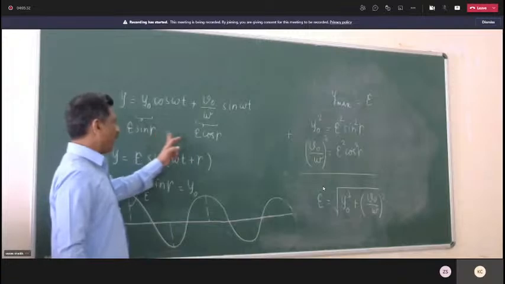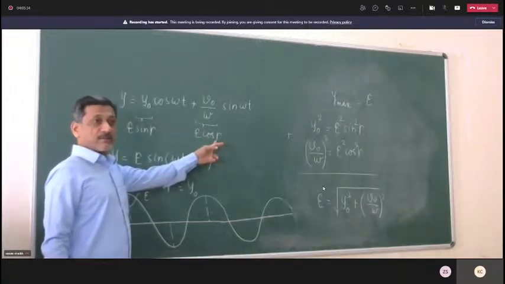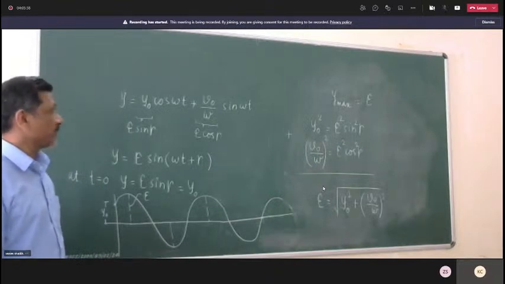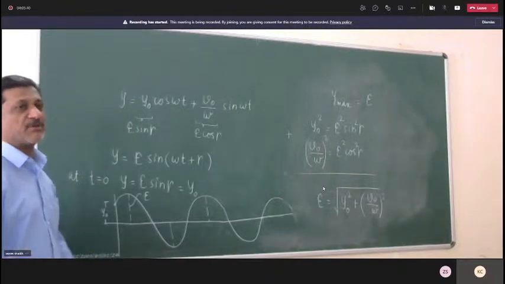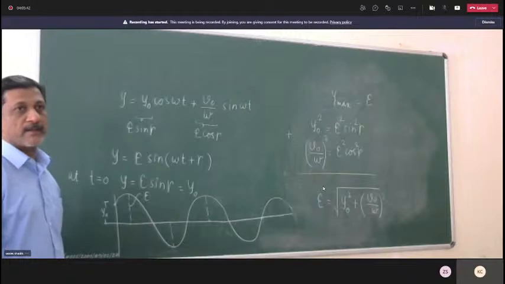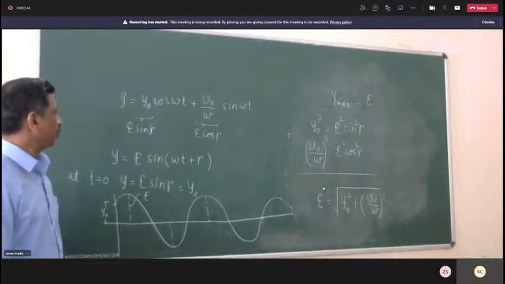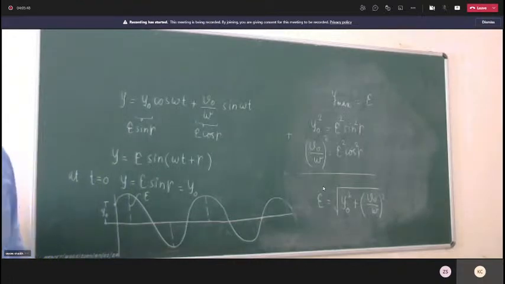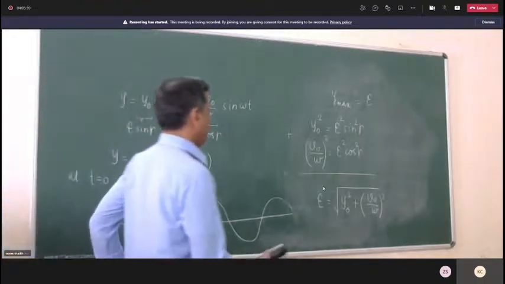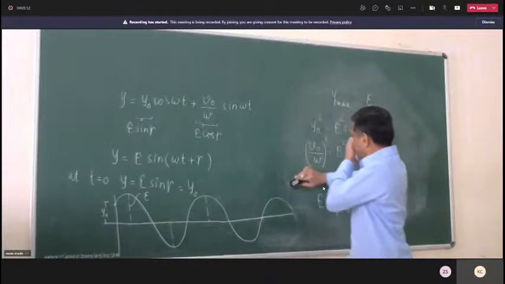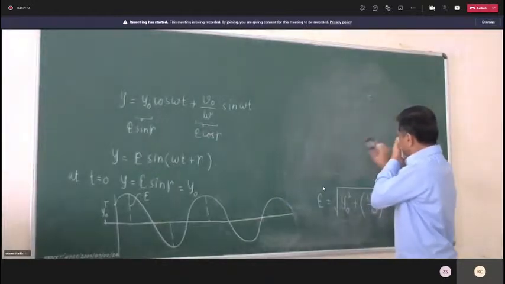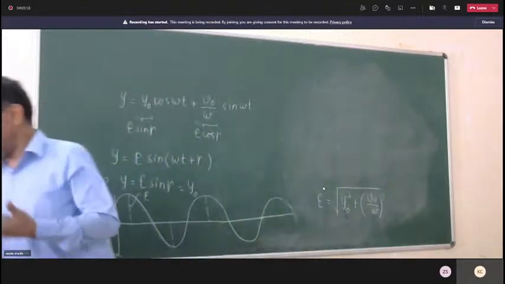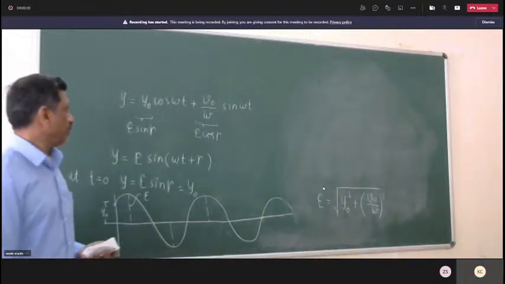Similarly, if you want to find gamma, another constant, how will you do it? Divide equation 1 by 2. So, dividing equation 1 by 2, you will get tan gamma.